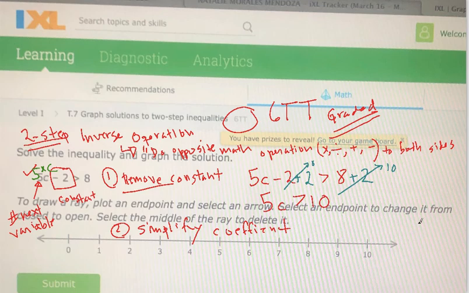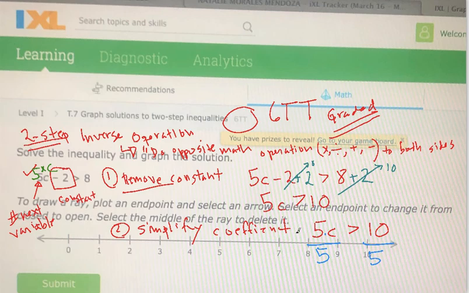So if we are left with 5c greater than 10, and we're going to simplify this coefficient, we're going to do the opposite math, right? Just like we did above. The opposite of subtracting 2 was adding 2. So the opposite of 5 times c is to divide both sides by 5.